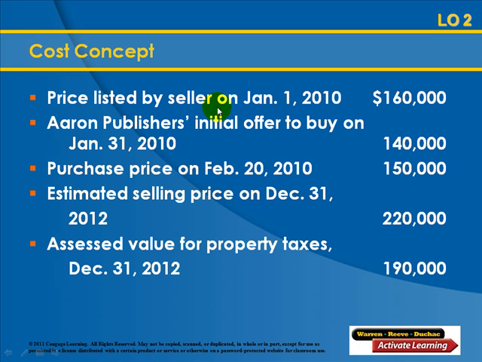Price listed by the seller, $160,000. Aaron Publishers' initial offer to buy on January 31st, $140,000. Purchase price on February 20th, $150,000. Estimated selling price on December 31st, 2012, $220,000. And the assessed value for property taxes on December 31st was $190,000.